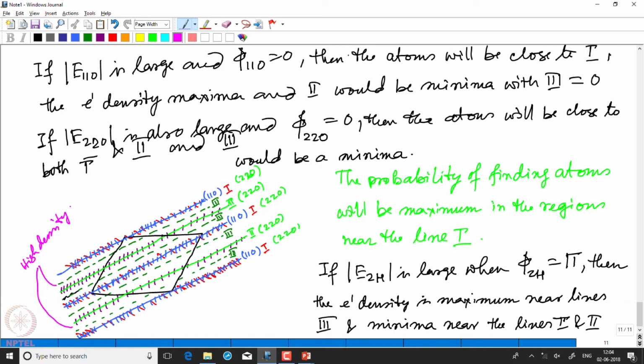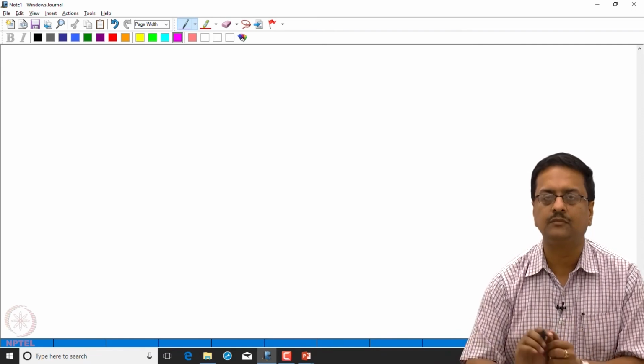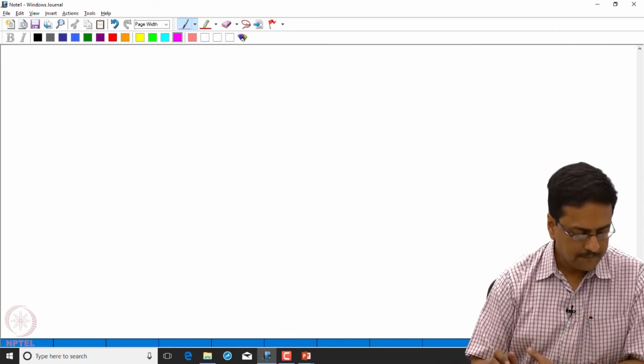So this method is then applied to all possible reflections which are related by just integral multiple of HKL.